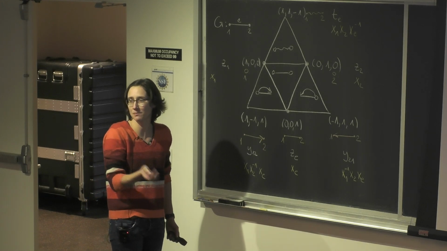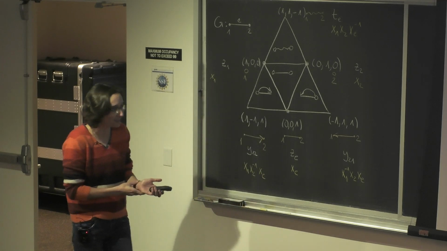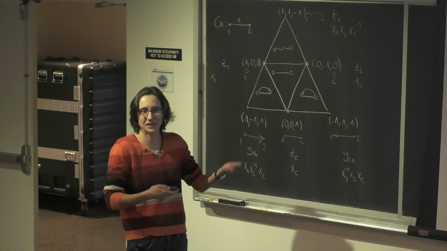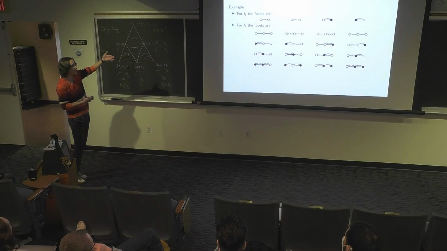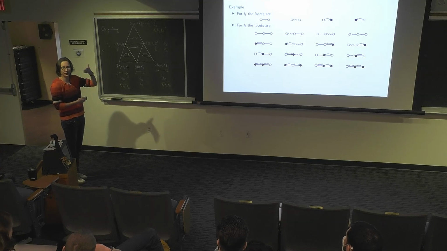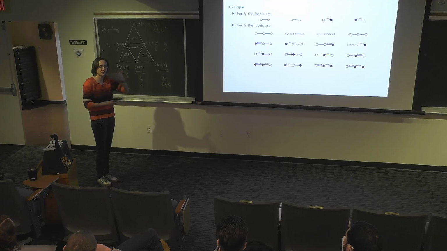And you can play the same game for paths of arbitrary length. If you start counting, then what you see is we have 4 facets and then we have 16 facets. And Ben told us that if we want to compute the normalized volume, if we have a unimodular triangulation, we can just count how many facets it has.